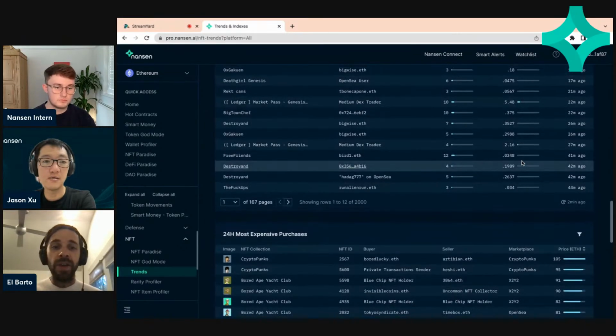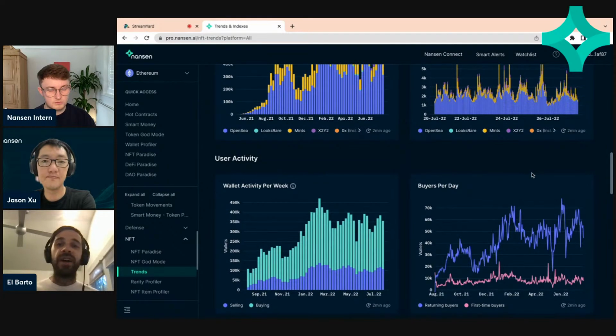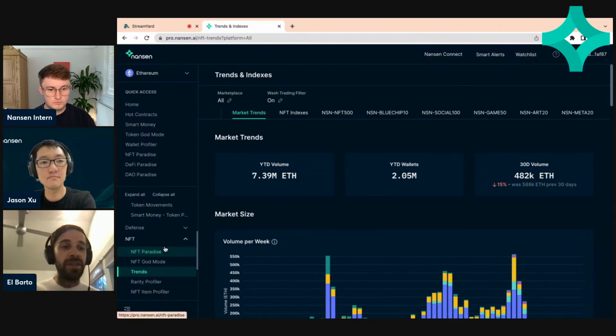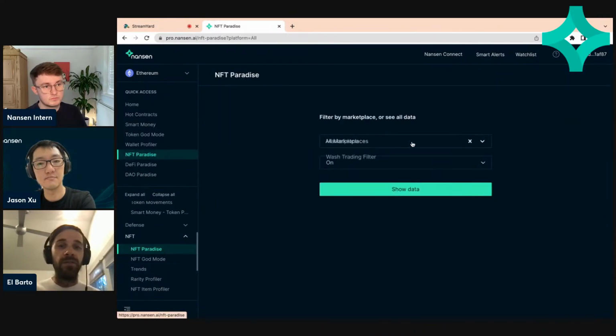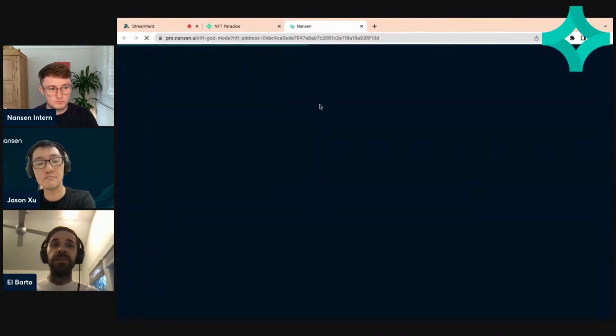And then you can also, one of the things that we talk about a lot is NFT-Fi. There's this relatively new protocol called NFT-Fi, which allows you to do lending against your NFTs.